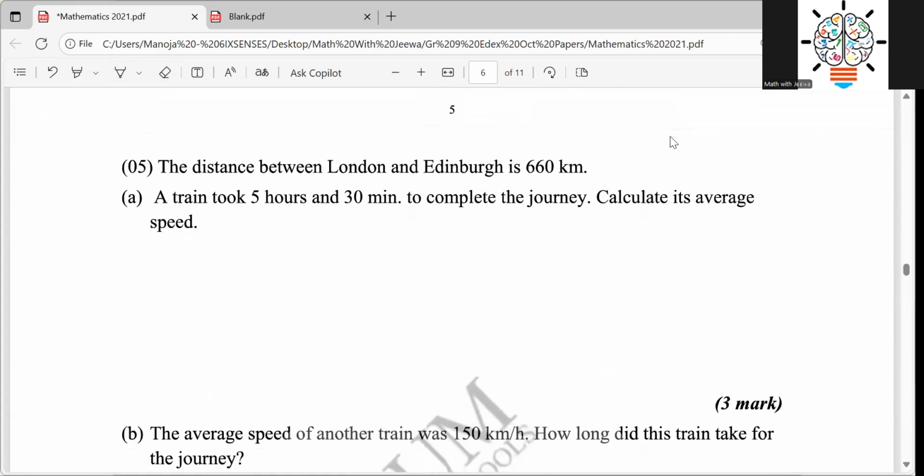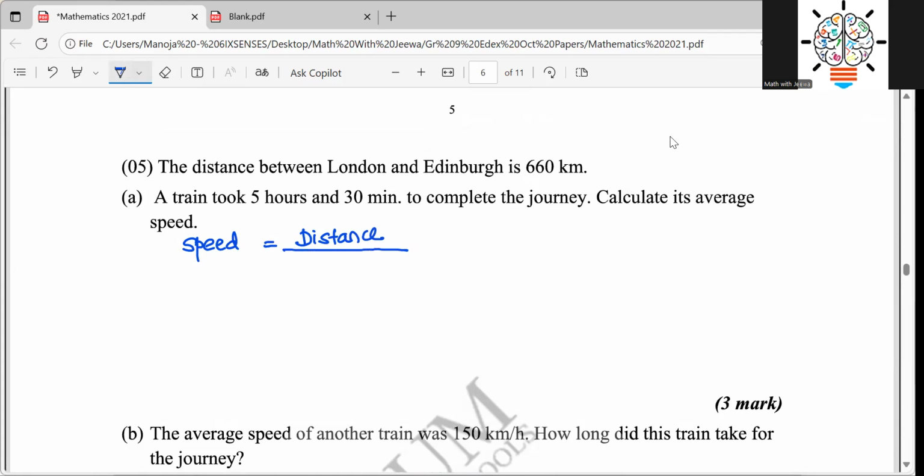The fifth question. The distance between London and Edinburgh is 660 kilometers. A train took 5 hours and 30 minutes to complete the journey. Calculate the average speed. How do you find the speed? What's the formula? You divide the distance by the time.